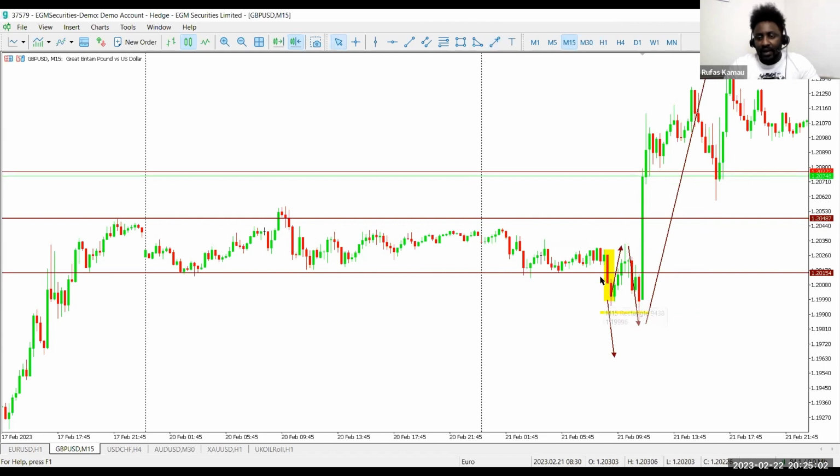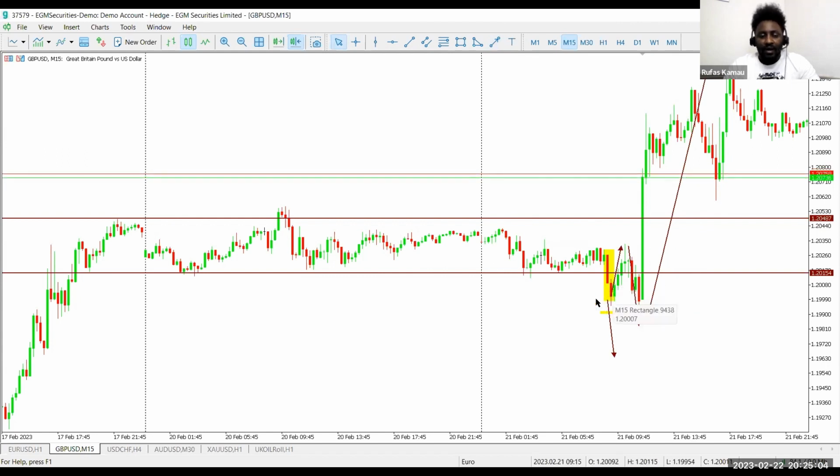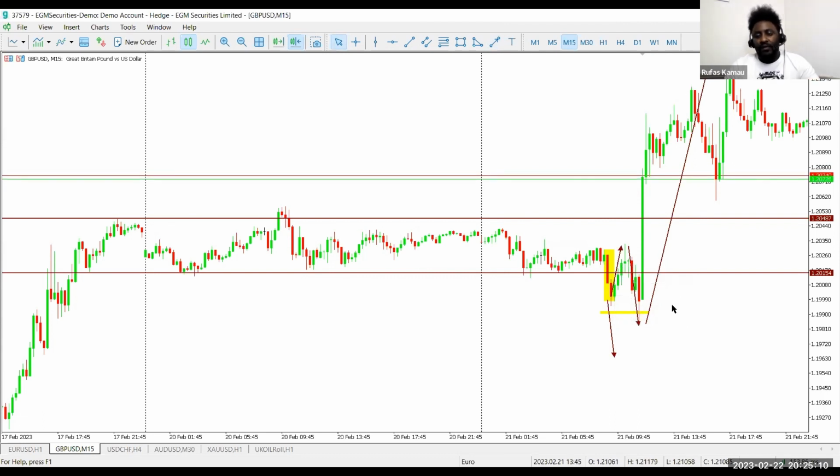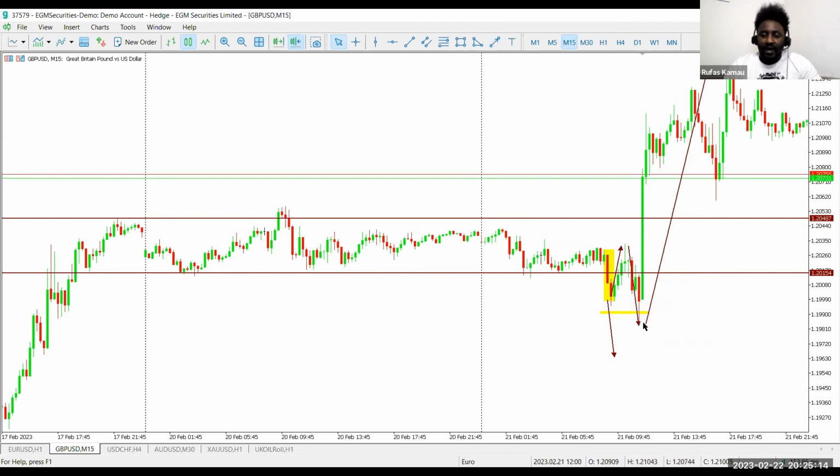So in this case, the liquidity grab was on the first one. This was the first breakout, and then eventually the market makes a move upwards. So you have to identify these patterns and how they play out. And once you identify the area where the market is capturing this liquidity, then you trade with the smart money in the opposite direction.